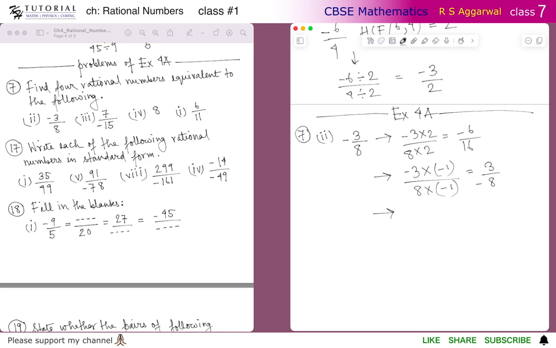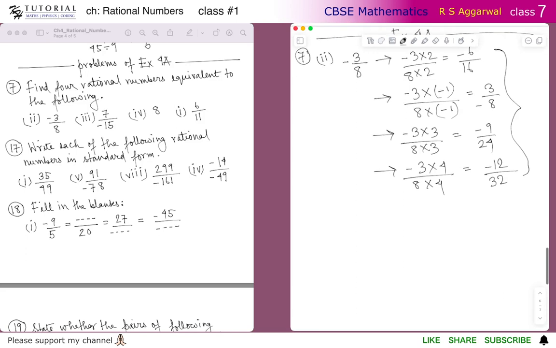It asks for 4 equivalent rational numbers, so I will multiply by 3 both the numerator and the denominator, and I will get minus 9 by 24. And the last one, let's say I multiply both the numerator and the denominator by 4, and I get minus 12 by 32. So these are 4 equivalent rational numbers of the given rational number minus 3 by 8.